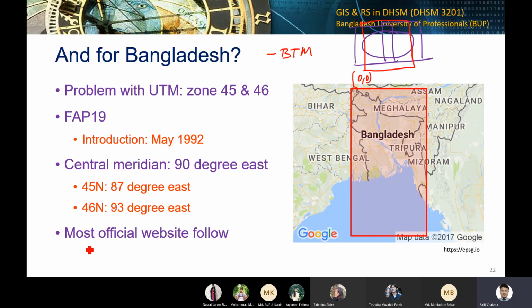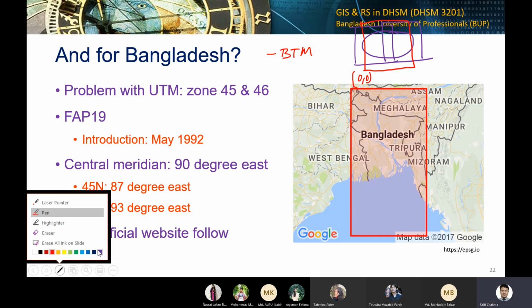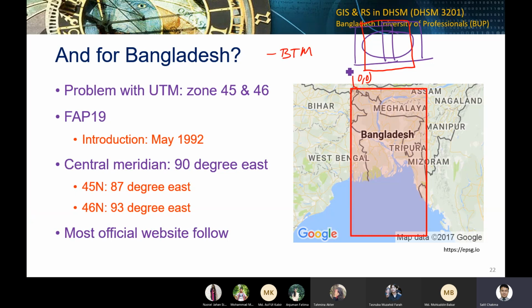All right, so the origin point of zone 45 is located here, for example, 0, 0, and this is another 0, 0 for 46. Then the scientists and geographers in Bangladesh thought, what if we create our own zone based on the BTM, by identifying our own false origin, or false easting?